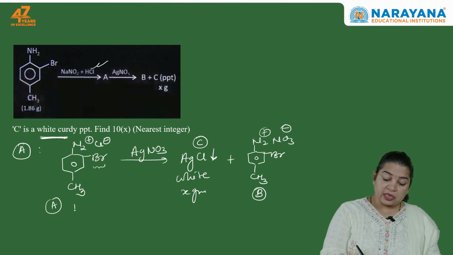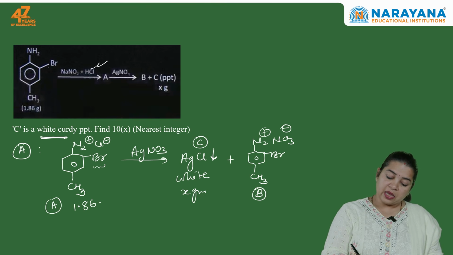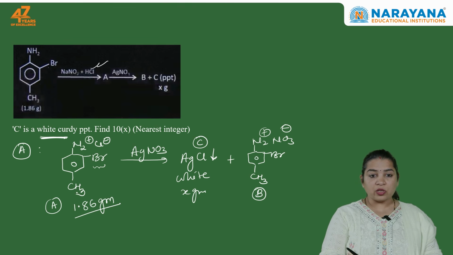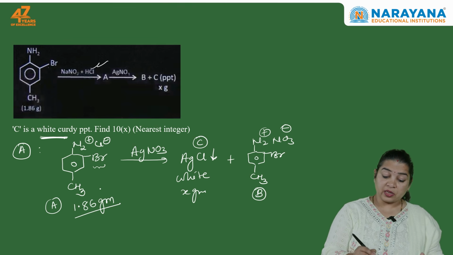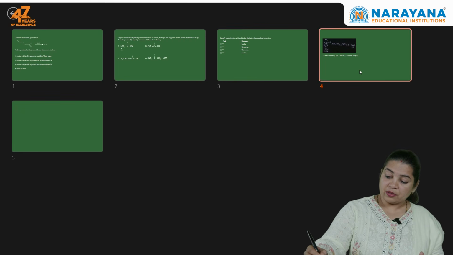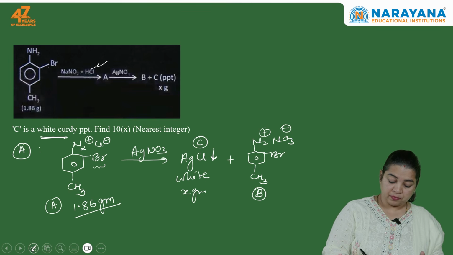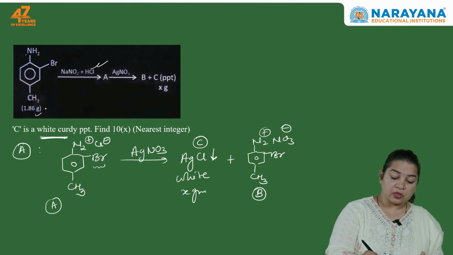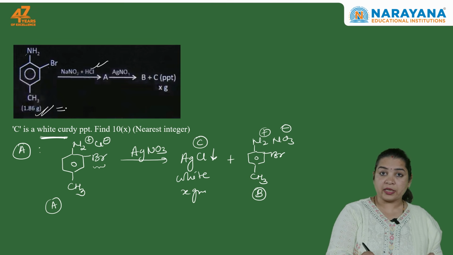Now A is given to start with as 1.86 gram. If you calculate the molecular weight of this diazonium, 1.86 is not this, it is C. Just give me a second. This 1.86 is from this compound. So, molecular weight of this compound is 186 gram.